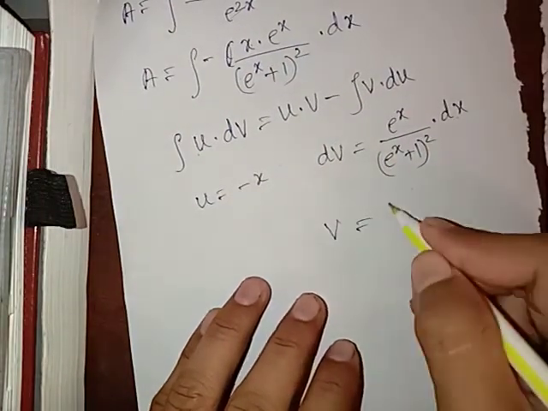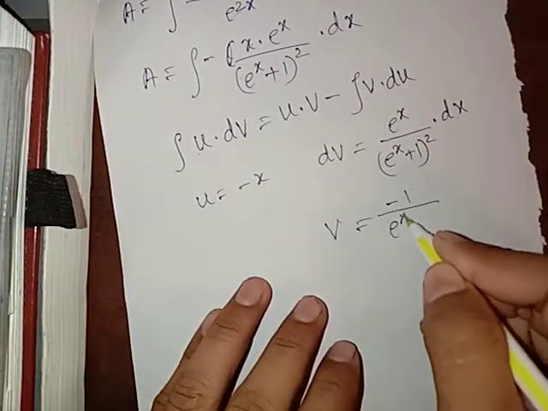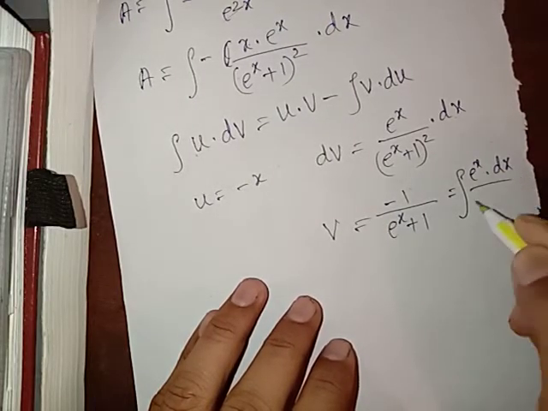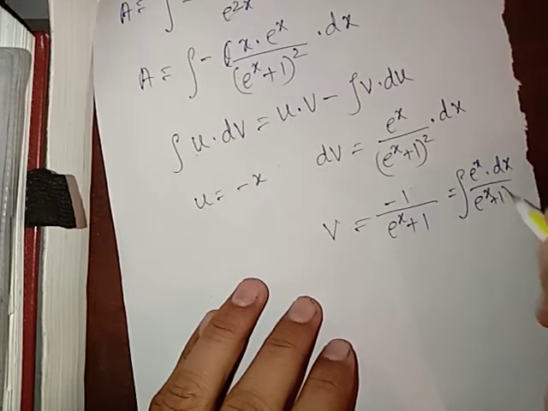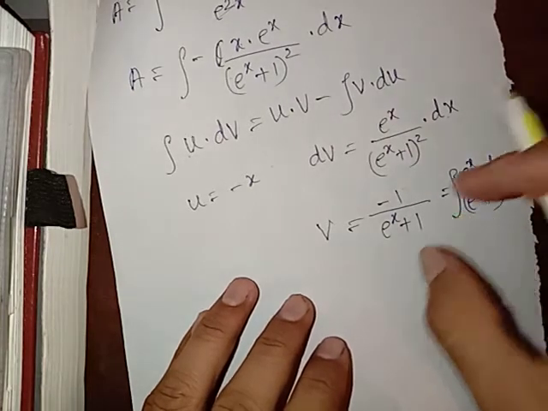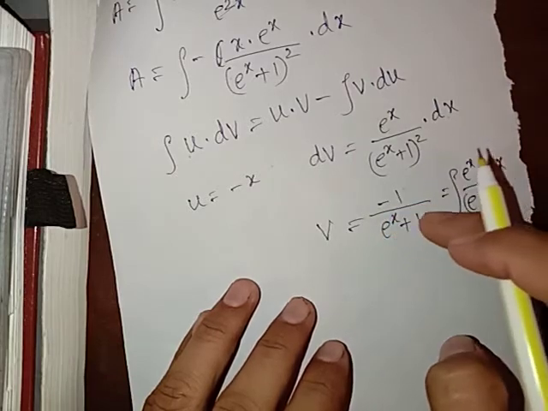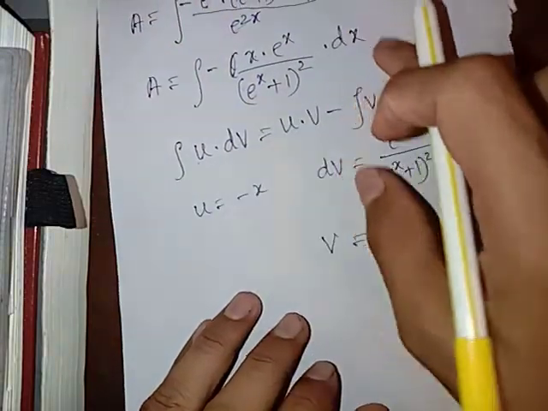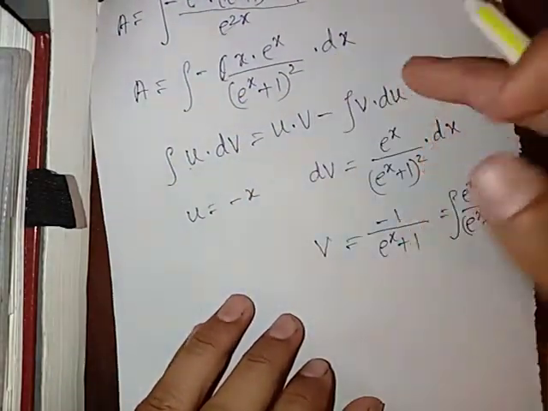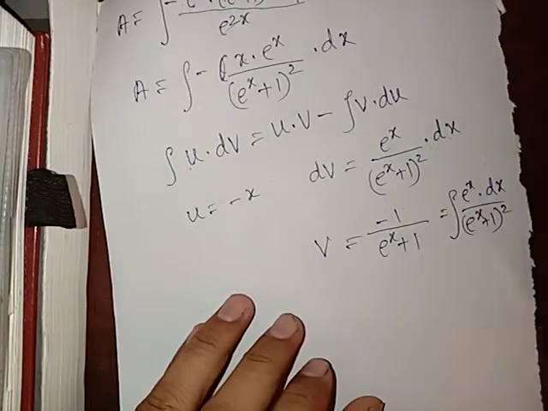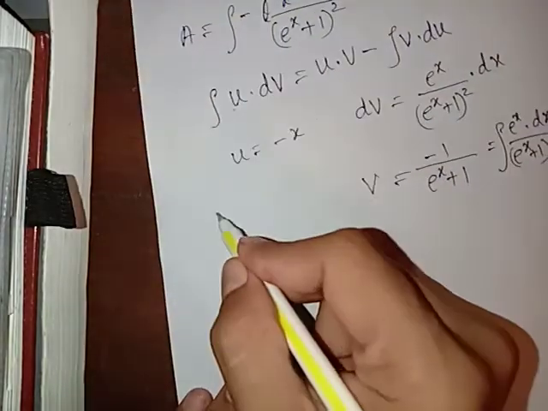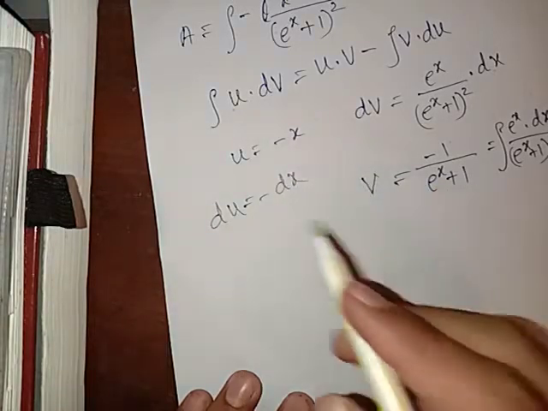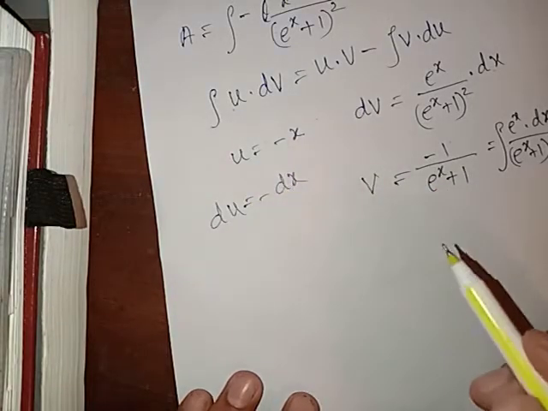So this value of v is minus 1 divided by exponential of x plus 1. The integration constant we can put after the whole integration process. So what is du? Du means minus dx.